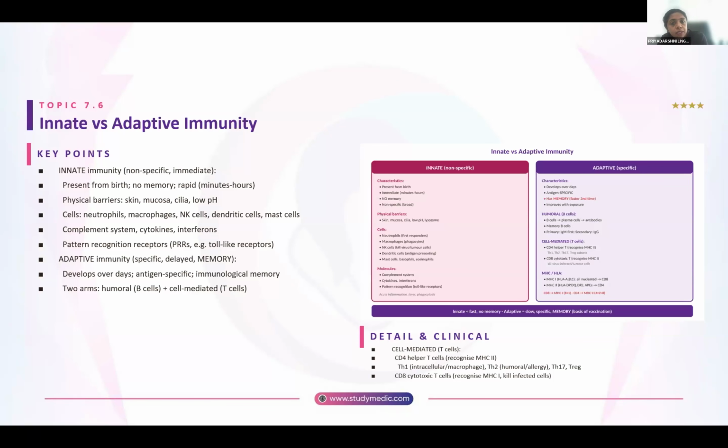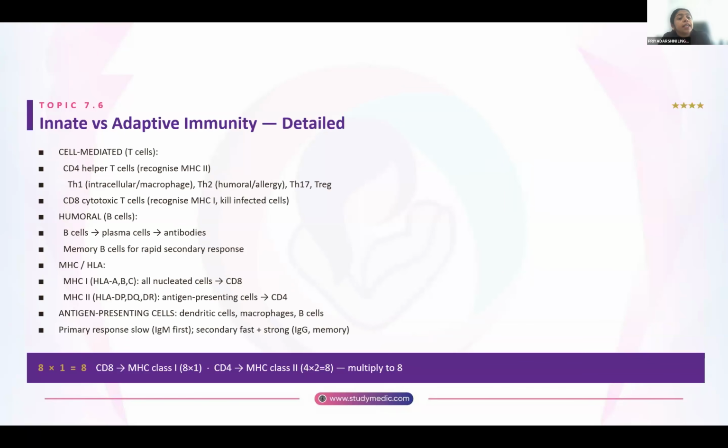What are your CD4 cells associated with? This is a key area for your exam. Now, we saw the CD4 helper cell. CD4 is basically for your MHC2. Your T helper 1 cells are for intracellular macrophages. Helper 2 cells are for humoral immunity or allergy. Your CD8, that is your cytotoxic T cells, recognize MHC1 and they kill the infected cells.